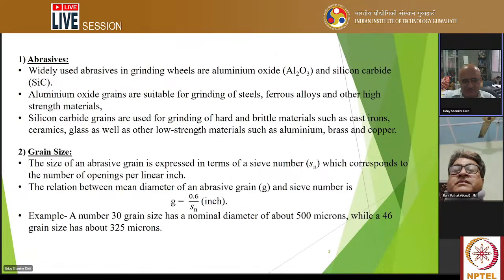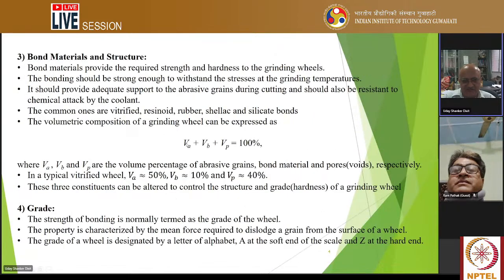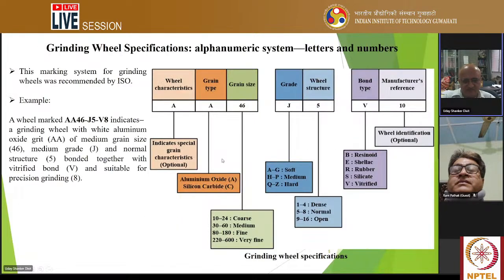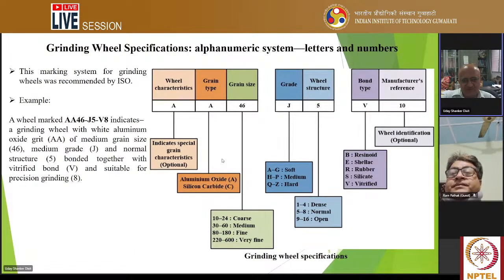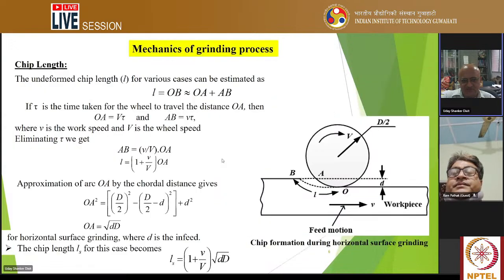Here we have chips and abrasives, grain size, bond material, and grade. It is very interesting that hardness of the wheel means bonding strength. Okay, so a hard wheel should be used for cutting soft material and vice versa. And these are the grinding wheel specifications.